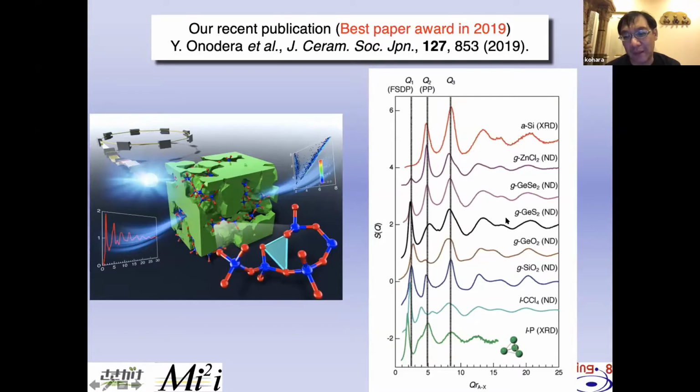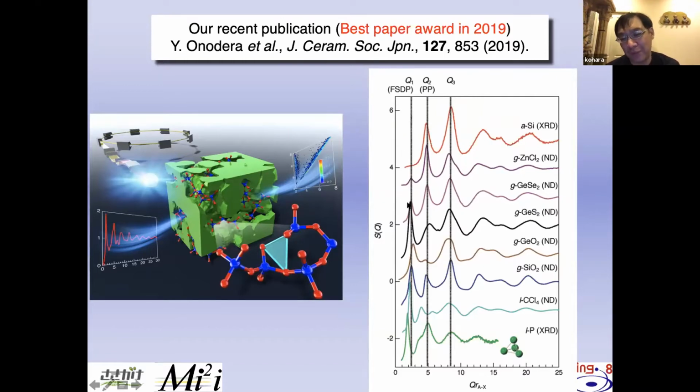The others have a relatively large fraction of empty space due to the 2-fold oxygen or sulfur, selenium, and chlorine. So this is 4-fold and 2-fold, which gives a relatively large fraction of empty space. We call these cavities. So in silicon, everything is 4-fold, and we cannot see a first sharp diffraction peak.